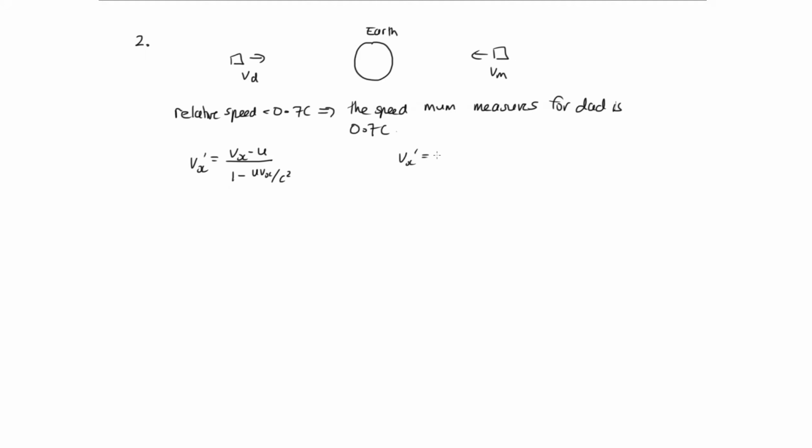Vx prime is equal to 0.7 c if we're considering Dad's speed as measured from Mum's frame. Okay, so in this question we're going to move from the Earth's frame, the unprimed frame is the Earth, to Mum's frame. So the primed frame is Mum's frame.